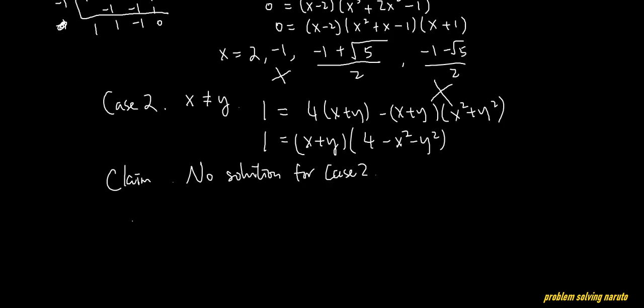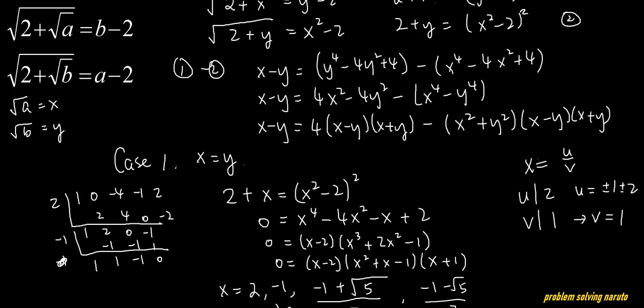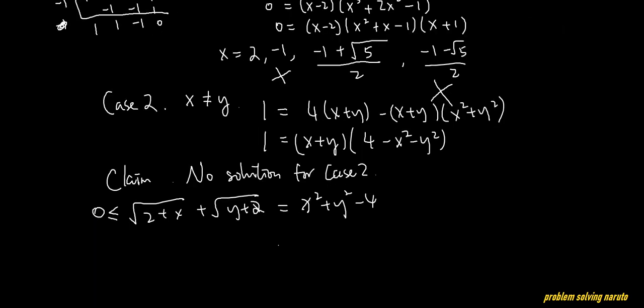Because if we add these, we get x squared plus y squared minus 4, but this is non-negative. Okay, and my x and y are also non-negative.